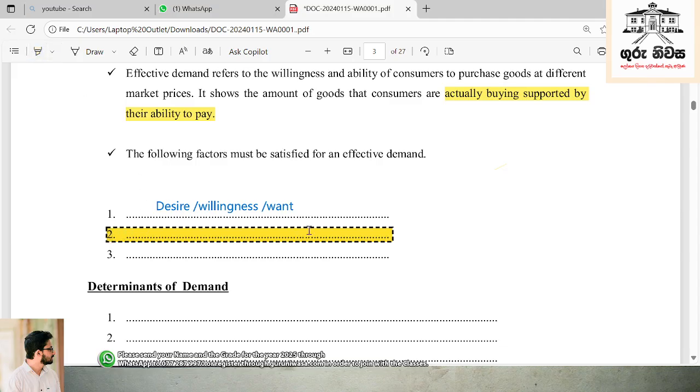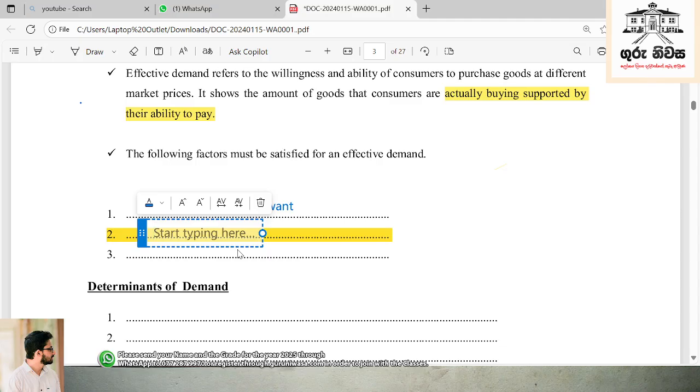Okay, lamai. The second one is purchasing power, or we can say money.